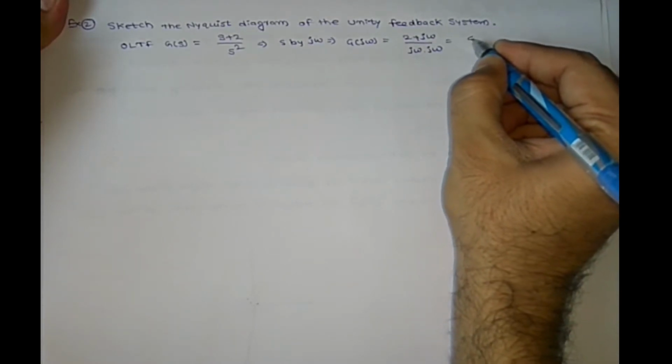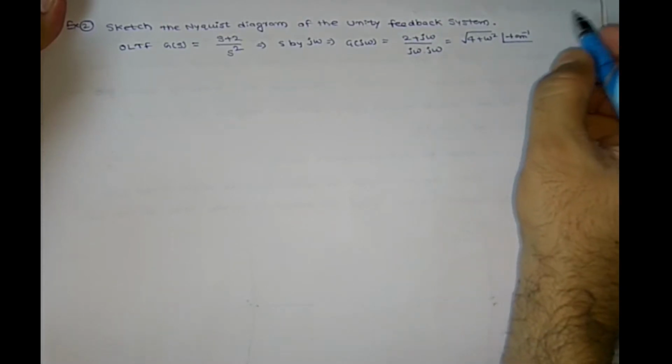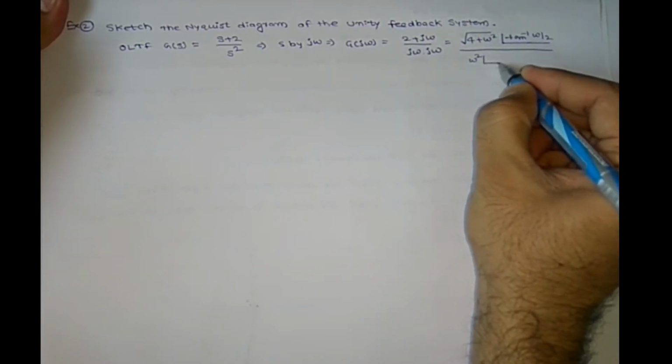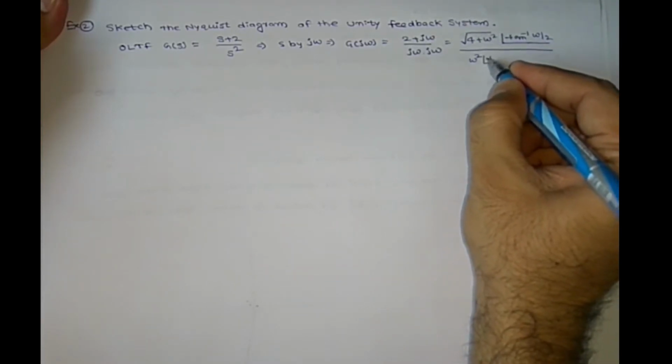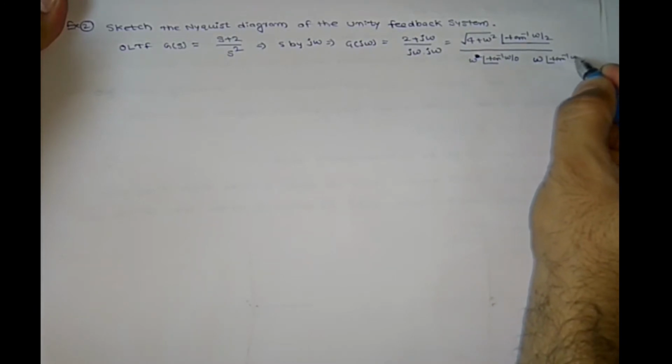So here the magnitude is square root of 4 plus omega square, and the angle is tan inverse omega by 2, divided by the magnitude omega square with angle tan inverse omega by 0, and this is omega, sorry, this is omega, and tan inverse omega by 0.